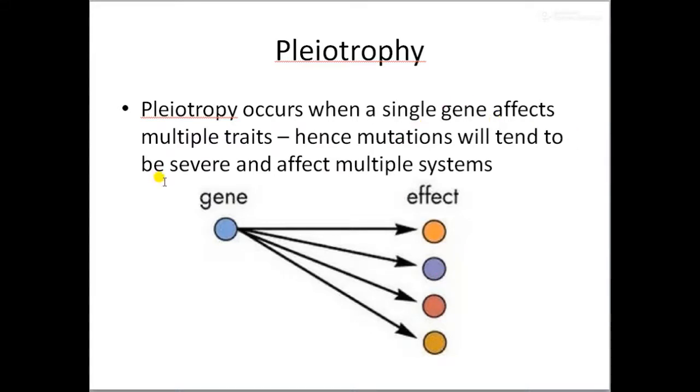If this particular gene is responsible for four different traits, that is a case of pleiotropy. And if this gene gets mutated, that mutation will affect the expression of all these four traits. And that has been found to be a very severe case of mutation.